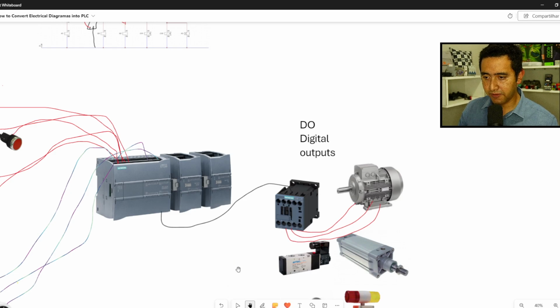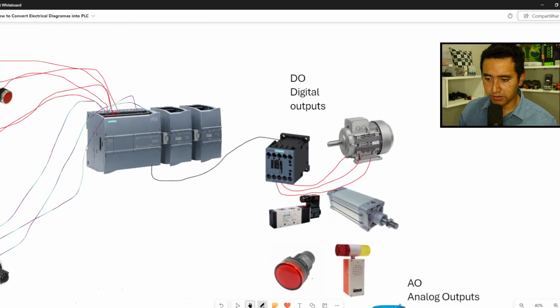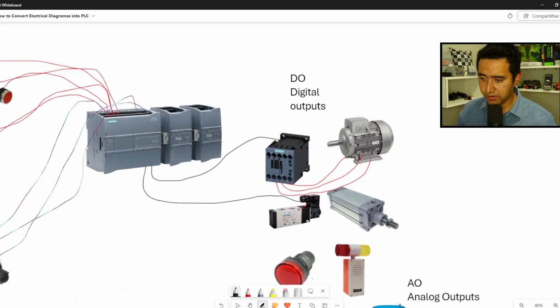Another type of digital output that we can use is solenoid valves. Then my solenoid valves are for turning on our pneumatic actuators. Then it's possible with the air. Let me change my position here.